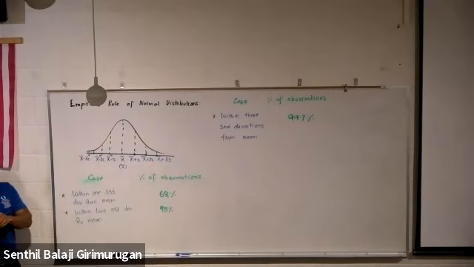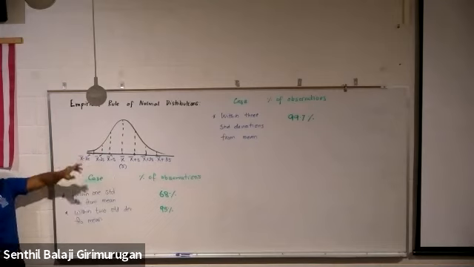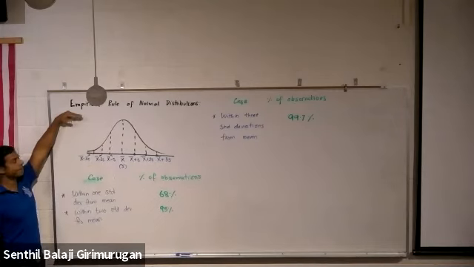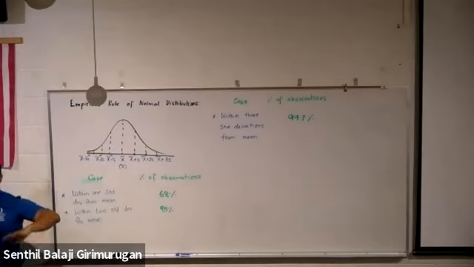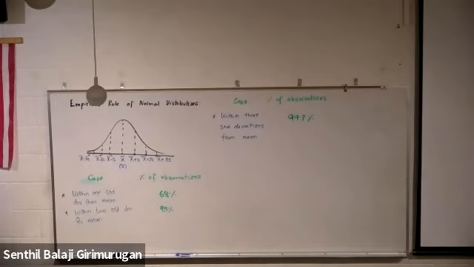These numbers don't change, which is why we call this the empirical rule of normal distributions, because a normal distribution will satisfy this.